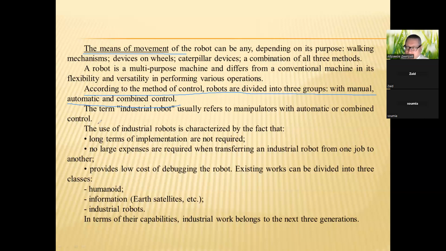Existing robots can be divided into three classes. And write down to your notes these three classes of existing robots. Humanoid, information, like Earth satellites, and industrial robots.